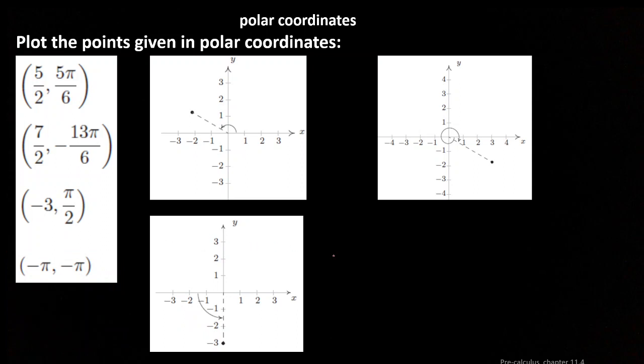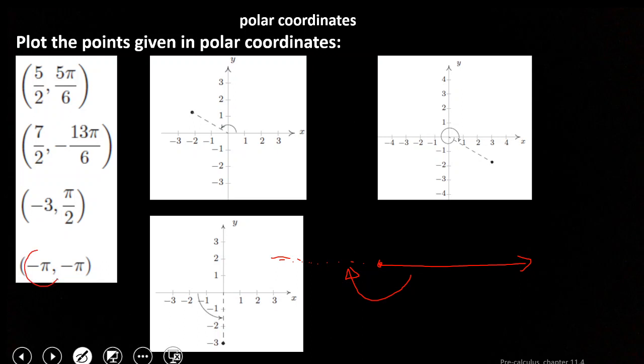So negative pi, well, here you go. This is the pole and polar axis. Now negative pi means you go this way, right? So this is our terminal side. Now, since r is negative and pi is 3.14, I have to go in the opposite direction of the terminal side.